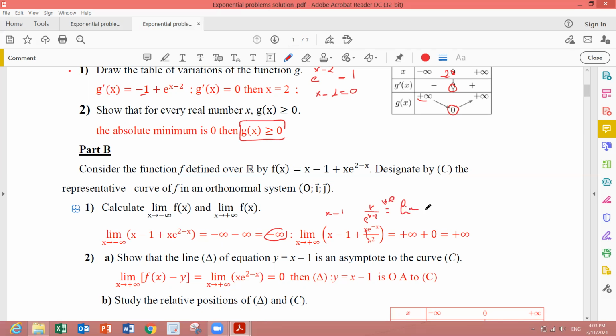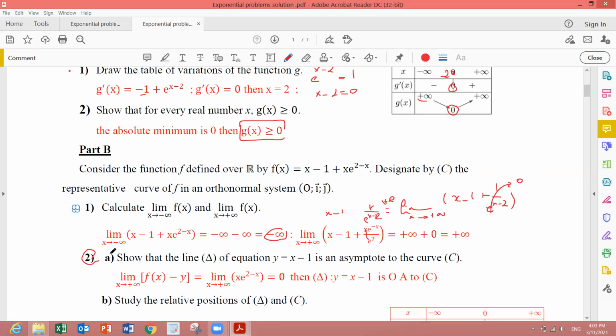It will be the limit as x tends to plus infinity of x minus 1 plus, derivative of x is 1, over the derivative of e to the x minus 2, which is e to the x minus 2. This one will be 0. The limit will be plus infinity.